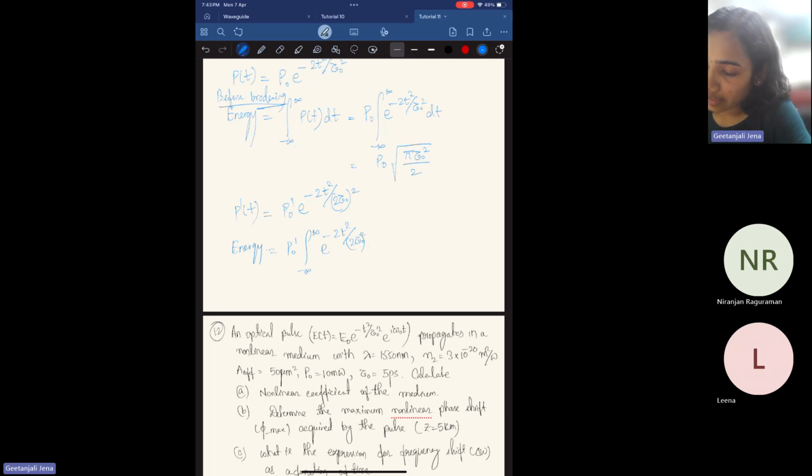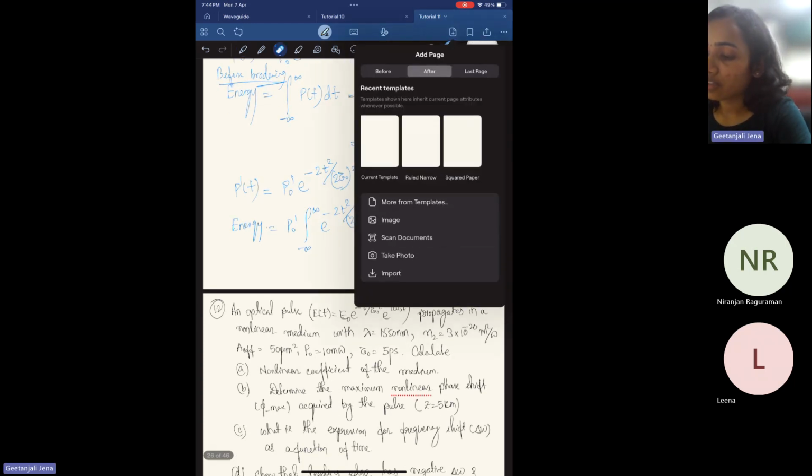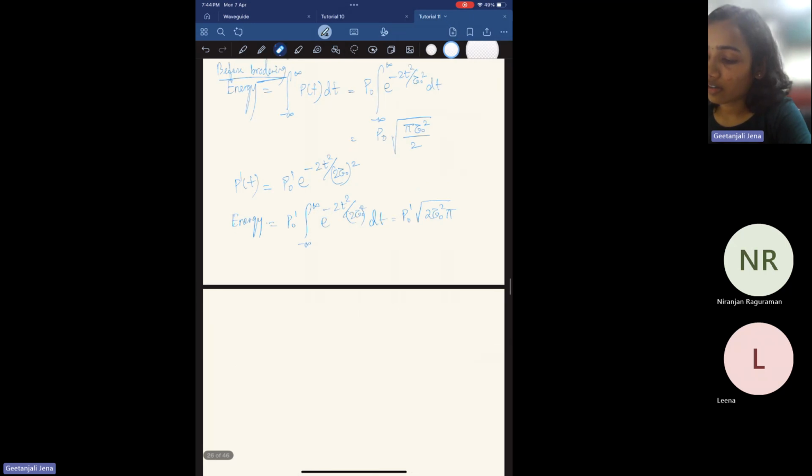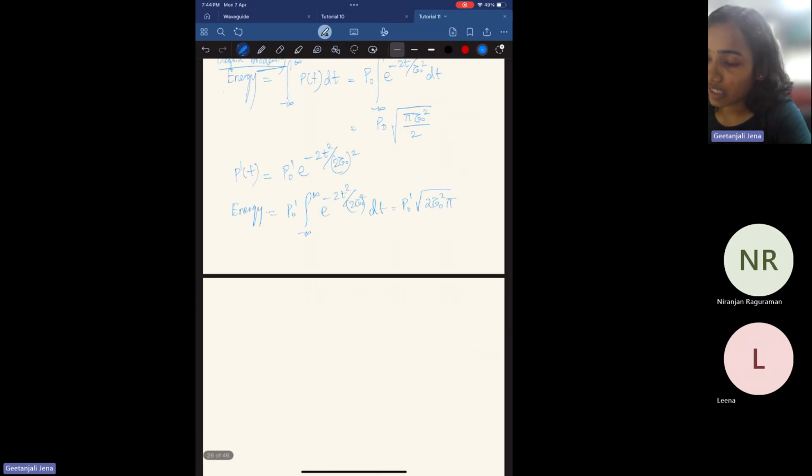So the integration will give P0 prime square root of 2 tau 0 square pi. So energy will be conserved either before broadening or after broadening. So you can equate these two.